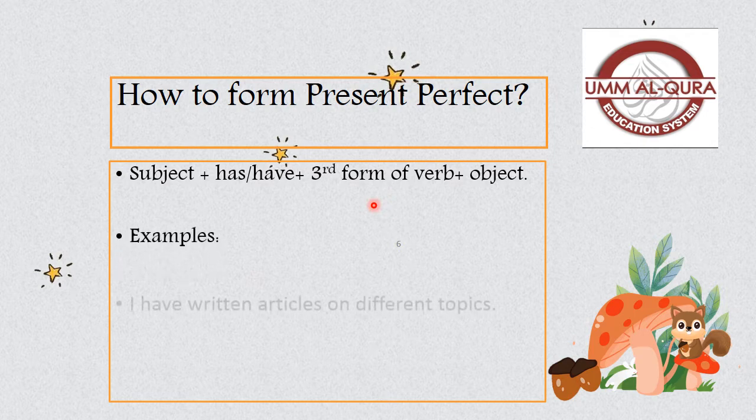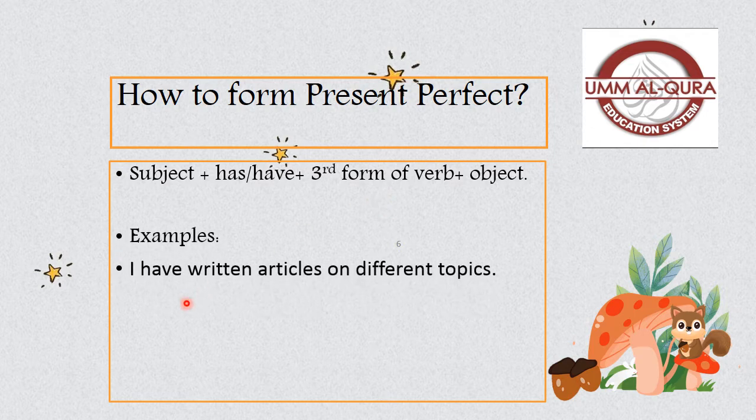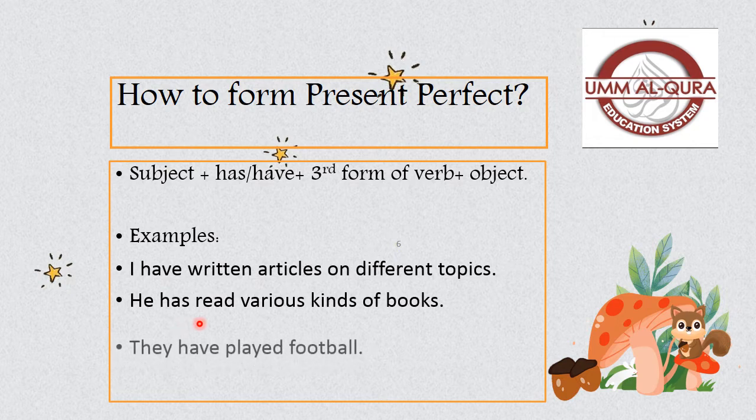Here are few examples of present perfect tense. I have written articles on different topics. I, subject, have, helping verb, written, write is the first form and written is the third form, articles on different topics. Next one is he has read various kinds of books. He, singular, has, helping verb, read, third form of verb, various kinds of books, object.